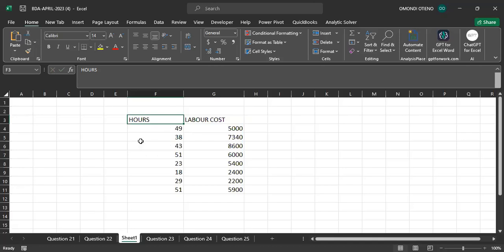If it is just done based on number of lessons without looking at the hours, then you're going to look at the number of lessons, right? If we are considering hours, like maybe payments are done based on hours, then you look at the hours, right? So you come here and look at the number of lessons done. Once you get the number of lessons, you'll be able to get total lecturing cost.